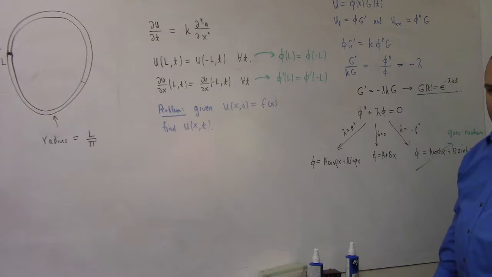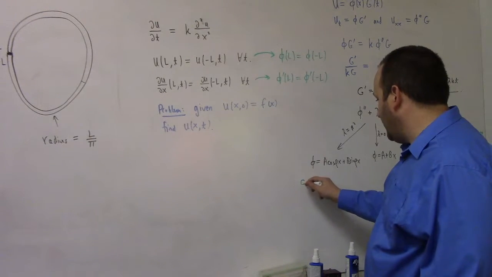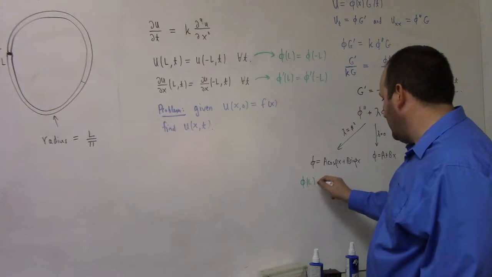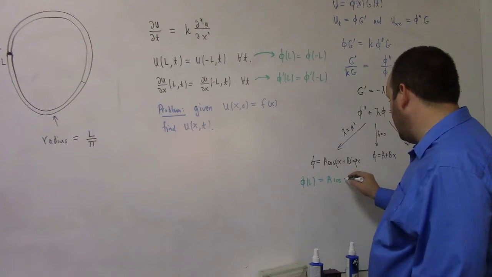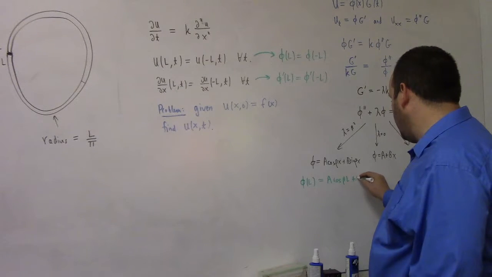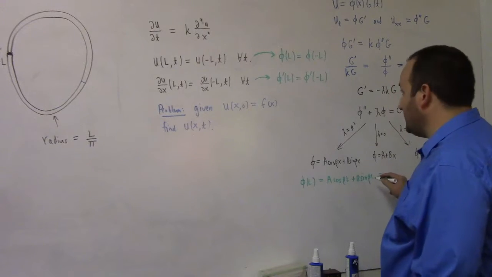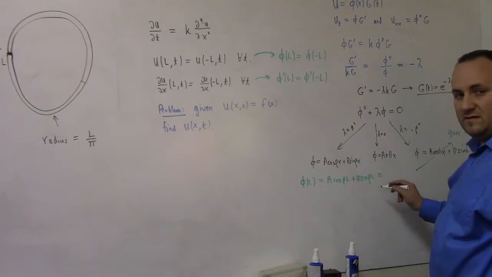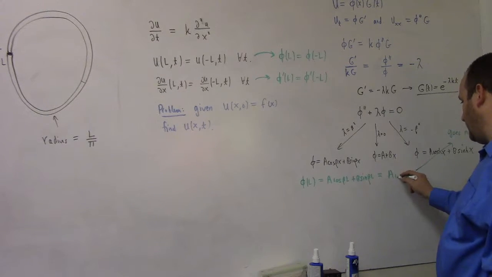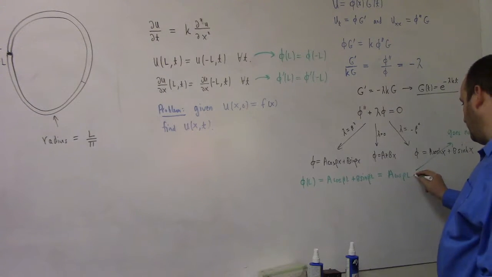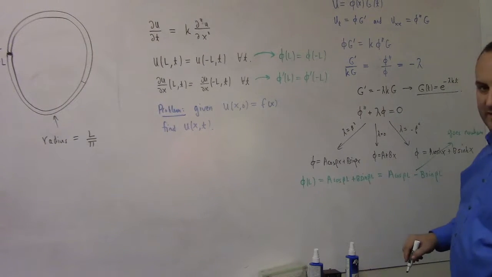But on the other hand, if you put phi of L equal to a cosine beta L plus b sine beta L, that equals phi of minus L. What is phi of minus L then? A cosine beta L minus b sine beta L by using the oddness of sine.